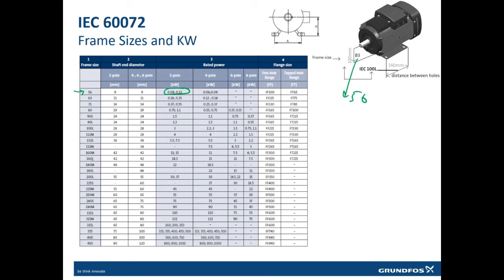But if we have, for example, 132S, that means the B3 size is 132 millimeters, and then you can have a 5.5 kilowatt and 7.5 kilowatt motor in 2-pole. In 4-pole, 5.5 only, because you know why? We will have a lot of magnets inside it and will not have enough space. So these frame sizes are defined as the distance between the center of the shaft to the base of the motor.